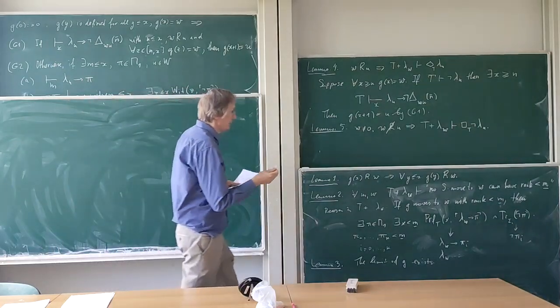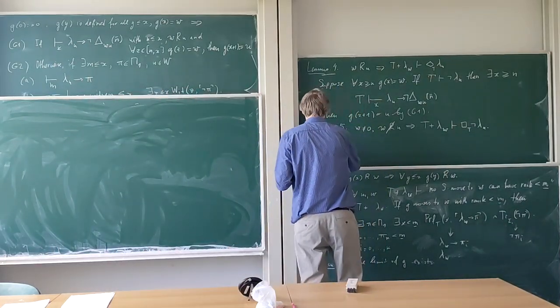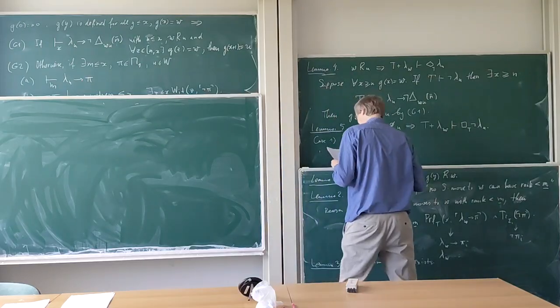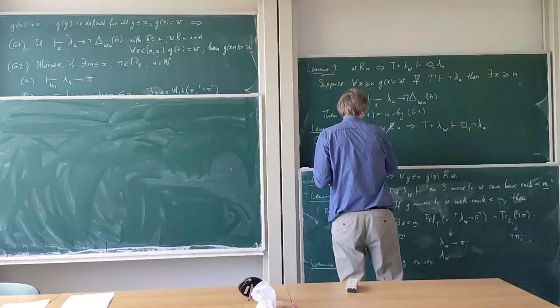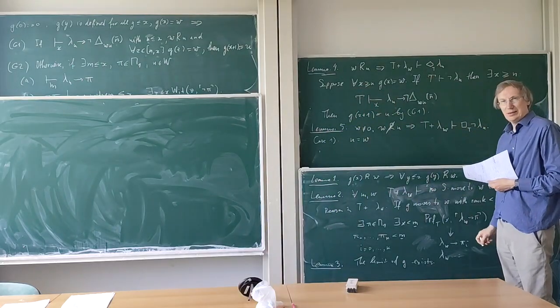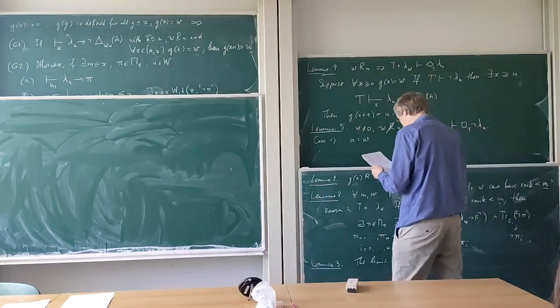So there are two cases to consider. Case one: U is W. A kind of simple case.